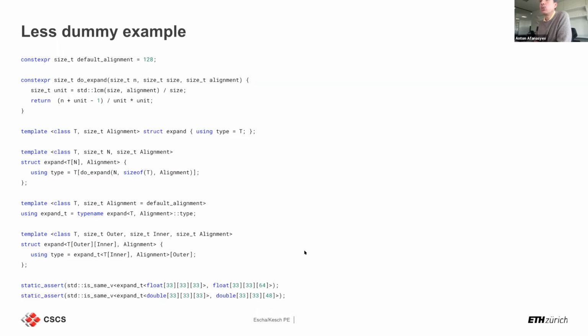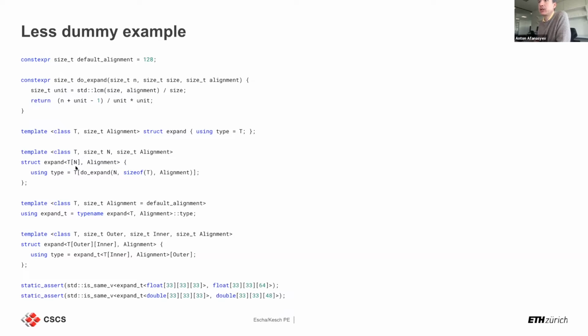We will do it with specialization of our template. If the type that we are going to expand is not an array, we just return this type.